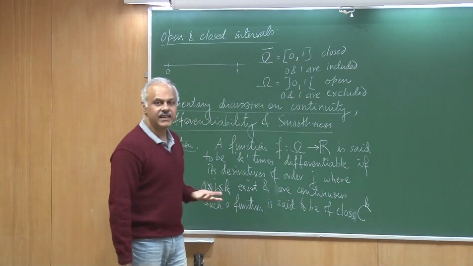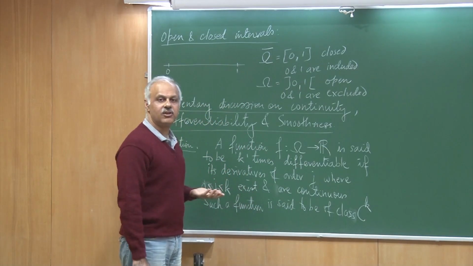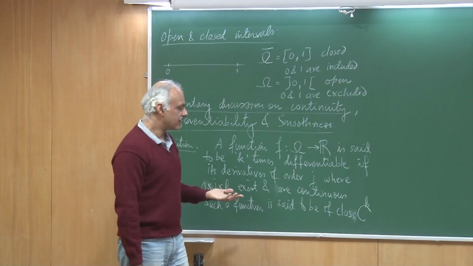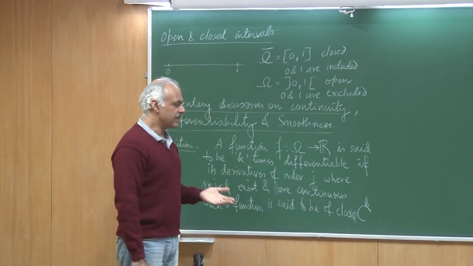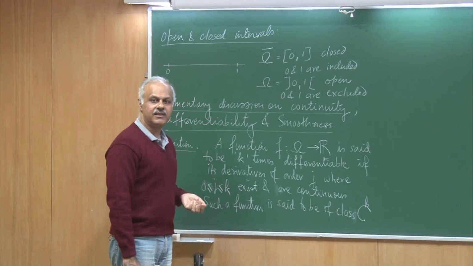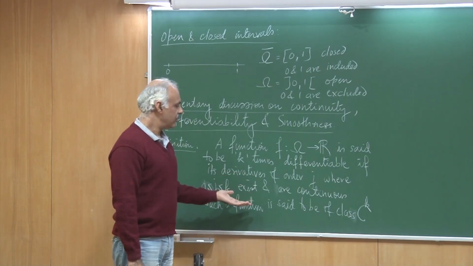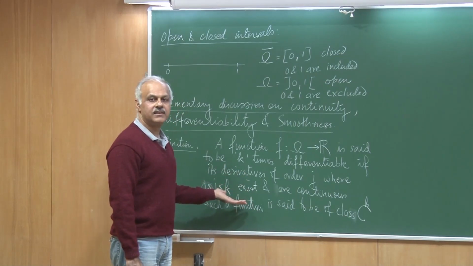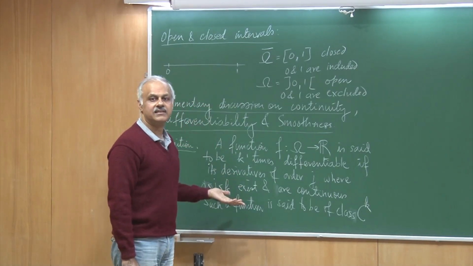If I take the second derivative, that would be simply 2, so that function is also continuous, so it is of the class C2. And I can keep on differentiating it. Of course, higher order derivatives are all 0, but they exist and they are continuous. So therefore, y equal to x square over the interval 0 to 1 is a C infinite function.